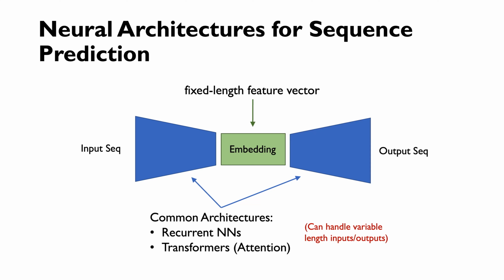You encode it into some sort of fixed length embedding, which is essentially a fixed length feature vector that represents some encoding of this variable length input, and then you decode it into this variable length output sequence, which is in our case a program. And then there are neural architectures of choice that can realize this type of input-output encoding decoding, including recurrent neural networks, such as LSTMs, and various forms of transformers, which are based on this attention mechanism.